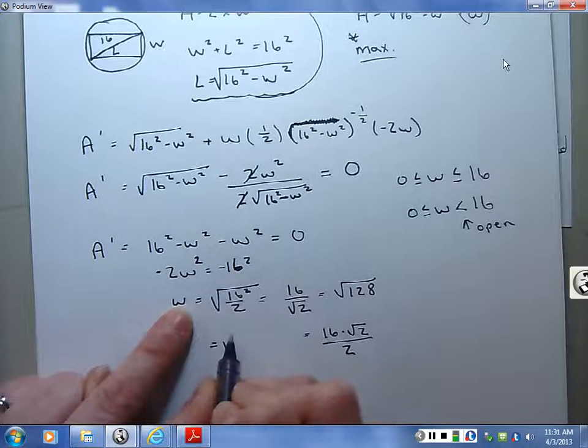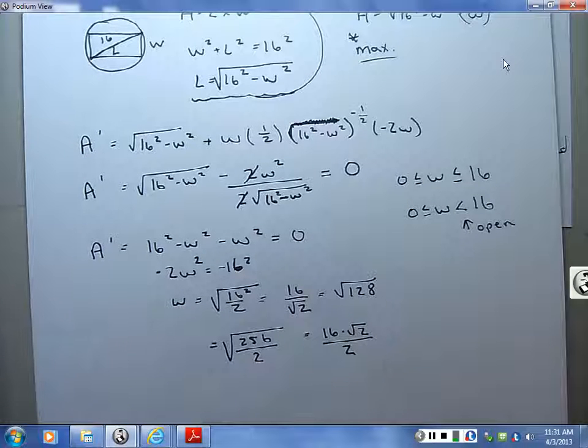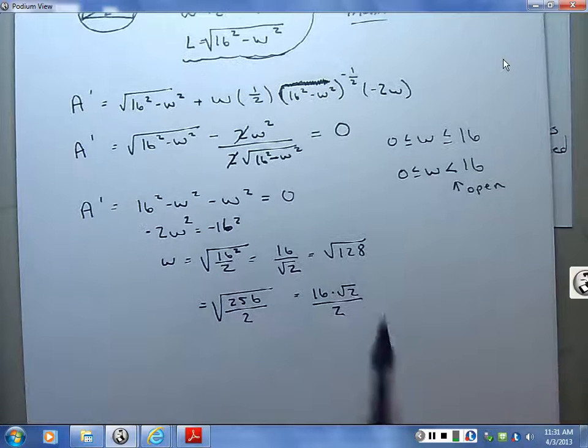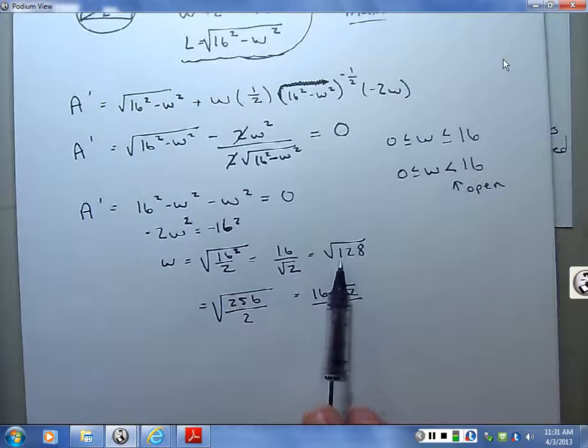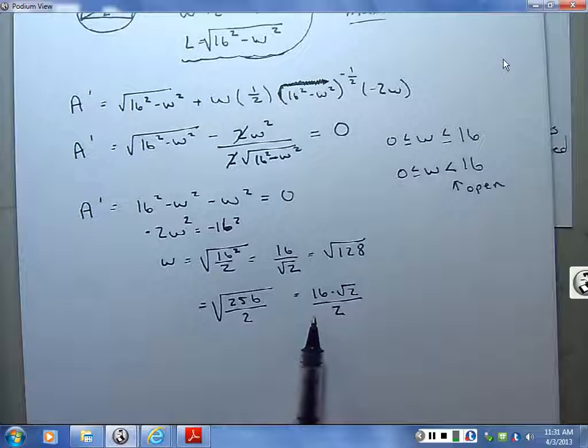So this could be 256 over 2, which is 1 over square root of 1 over 128. Square root of 128. Any way you write it, Wiley will accept it. This will be nice because when I go to find length, it's going to be the same thing. It's the square root of 128, which is exactly what we expected, right?